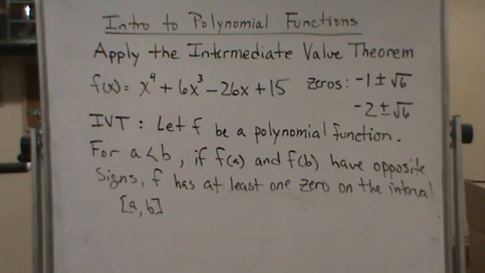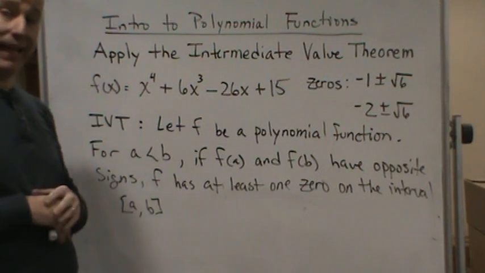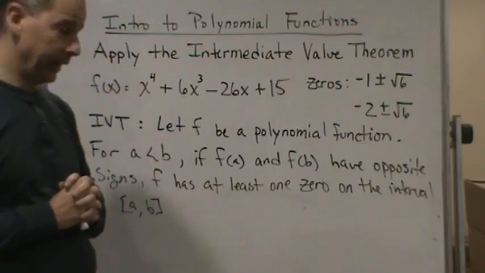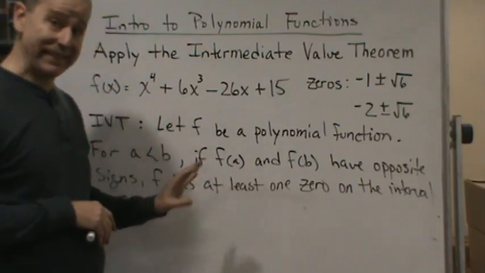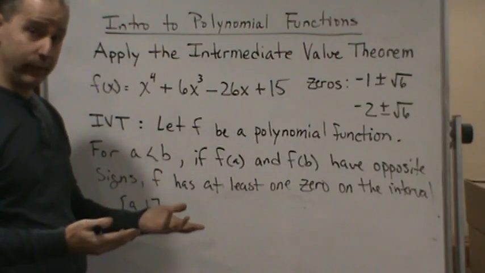Before I do an example, I've got to make sure that you understand the theorem and the extent of how far it will go. This is only about existence. It's not going to tell you where it's located.